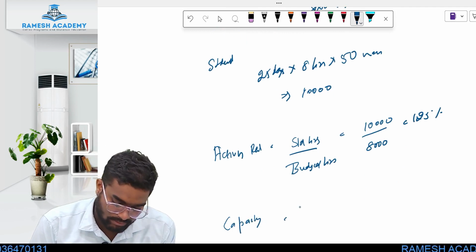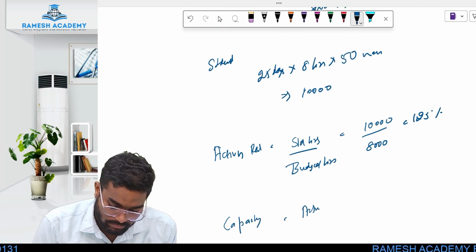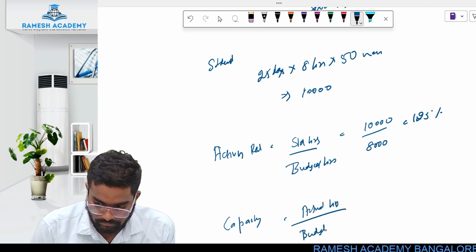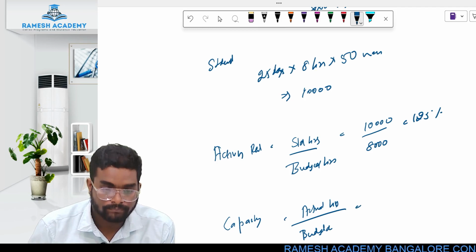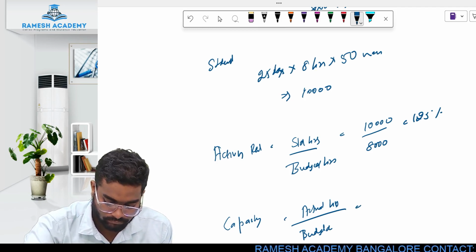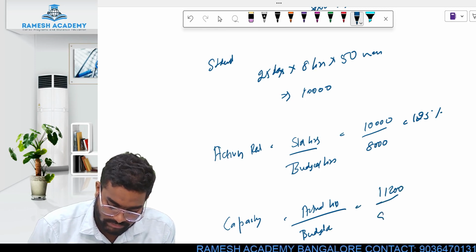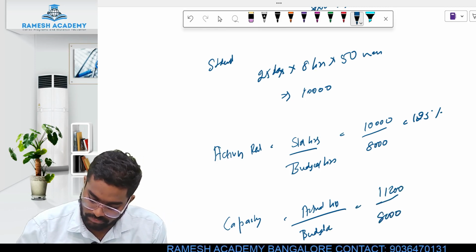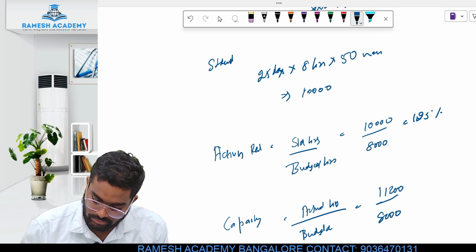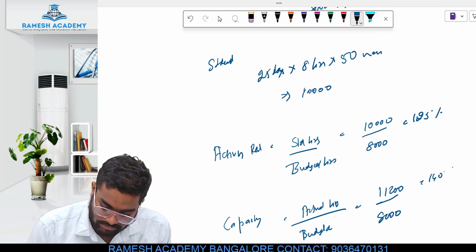Capacity is nothing but actual hours by budgeted hours. So simple. Actual hours we have 11,200, budgeted hours we have 8,000. So 11,200 divided by 8,000 is 140%.